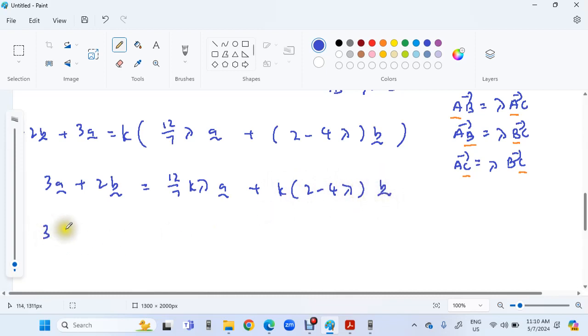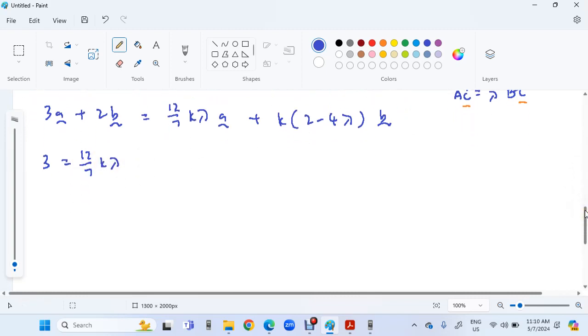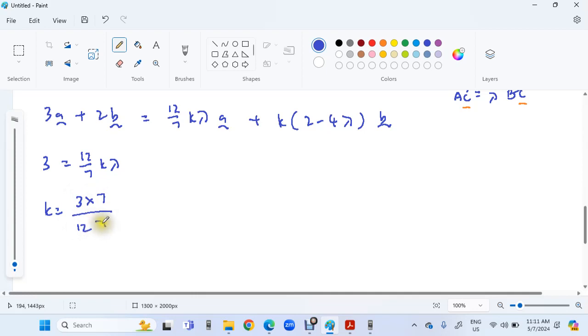So we have 3 equal to 12 over 7 K lambda. Then K will be 3 times 7 over 12 lambda, which is 7 over 4 lambda.